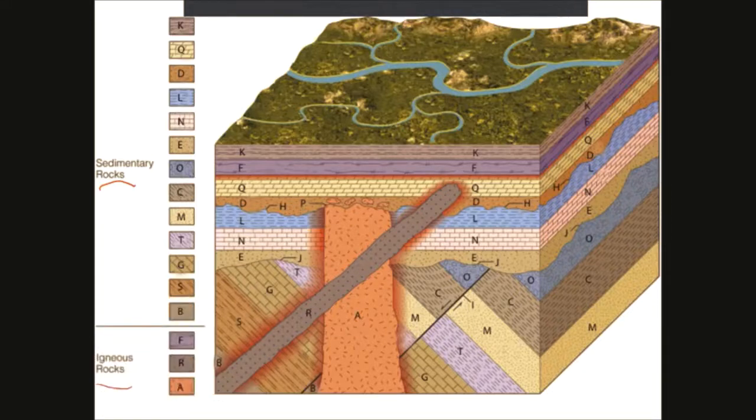So superposition tells us the deepest rocks are the oldest. If we go deep, we see there's B. That's the oldest, so B is a 1 there. And then on top of that is the next youngest, so B, then S, then G, then T, then M, then C. Oh, I should have written 4 there.